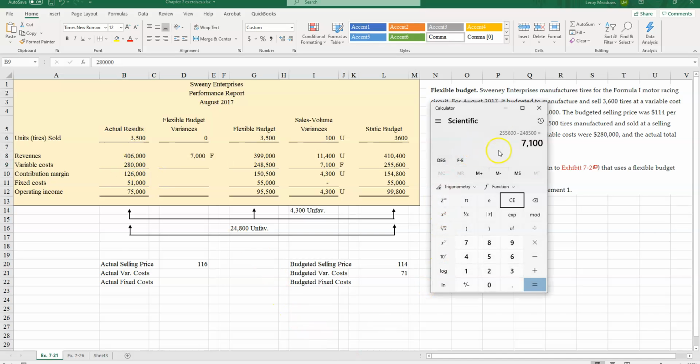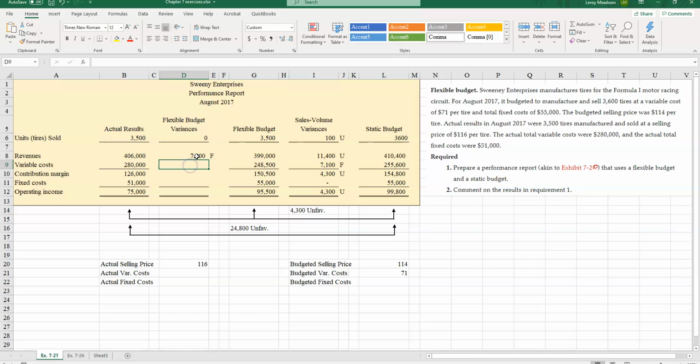So I'm going to take the difference, and since my cost came in higher, all else being equal, it's going to be an unfavorable variance because we're reducing operating income. So $280,000 minus $248,500, and my flexible budget variance for variable costs is $31,500 unfavorable.